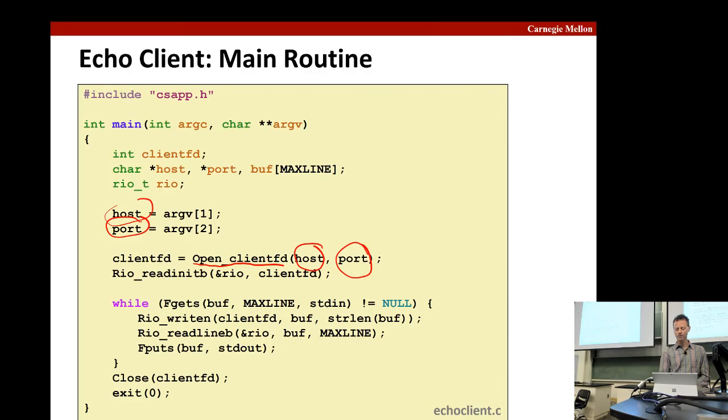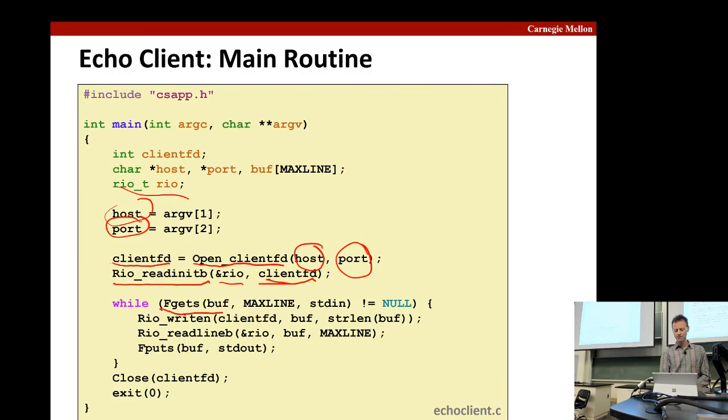So it will open a file descriptor based on that and give you a client FD. That'll be one of those ephemeral ones. And then I need to initialize. I use the read initialize buffer version, where I give it that descriptor and this pointer, just the Rio type. Okay, so then we go with this loop.